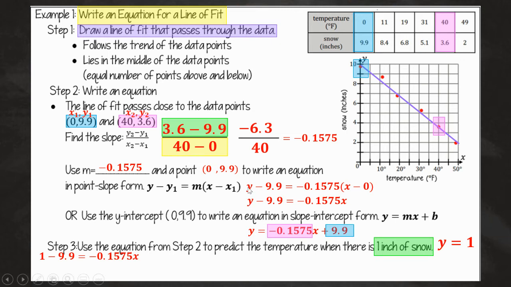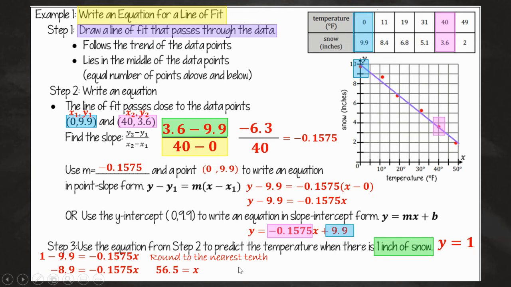I chose to use my point-slope form because I thought it would be easier. So when I do 1 minus 9.9, I get negative 8.9 equals negative 0.1575x. And then I have to divide negative 8.9 by negative 0.1575, and I get 56.5 because I'm going to round to the nearest tenth because all of the numbers in my table were also rounded to the nearest tenth.